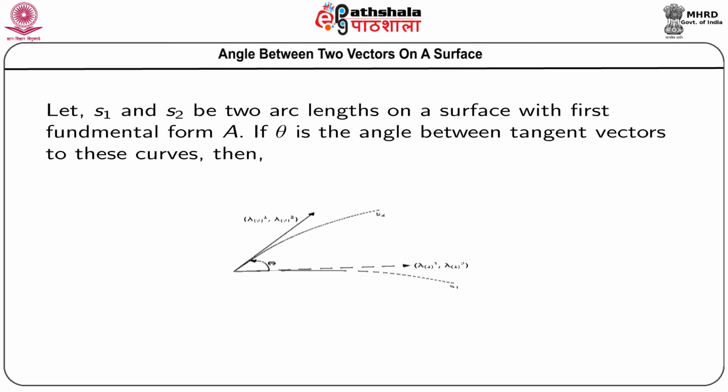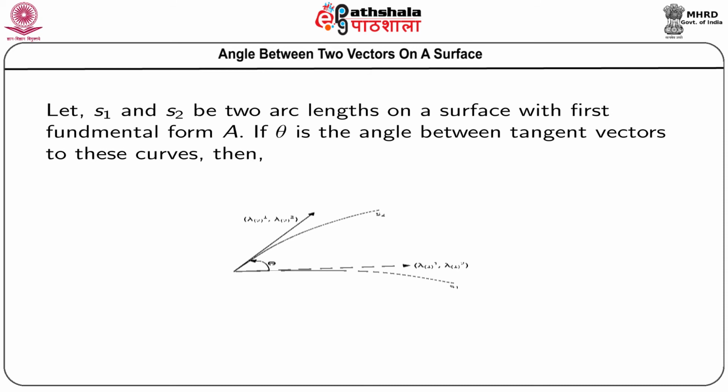So, for a particular type of surface, the first fundamental form is unique. So, it can be expressed as ds square equals a alpha beta du alpha du beta.